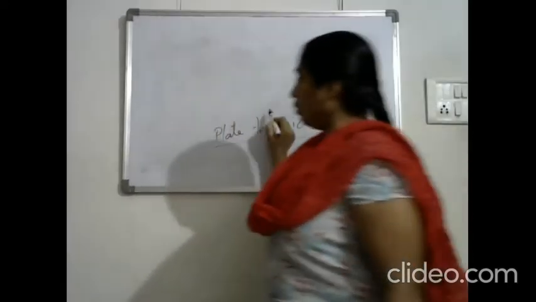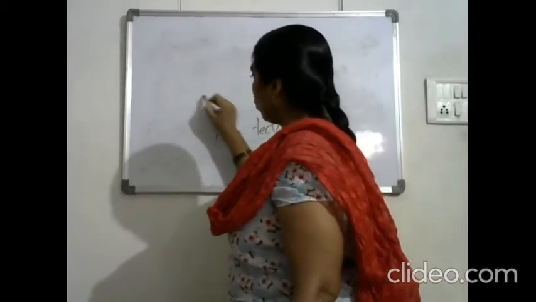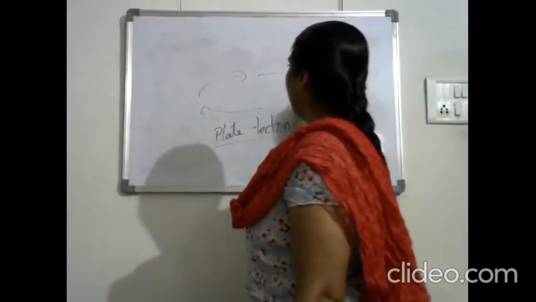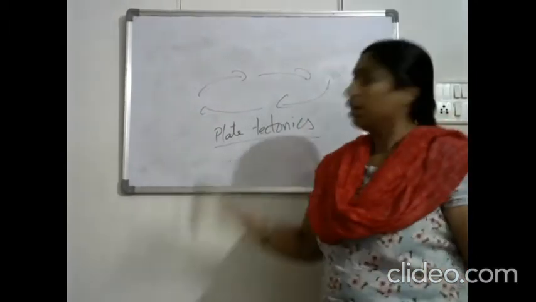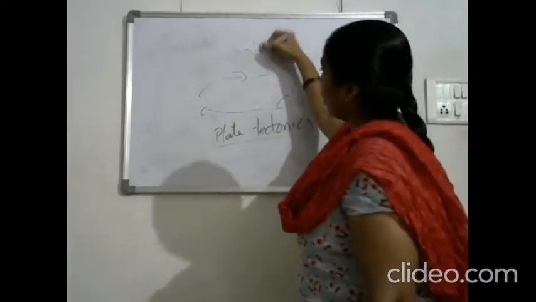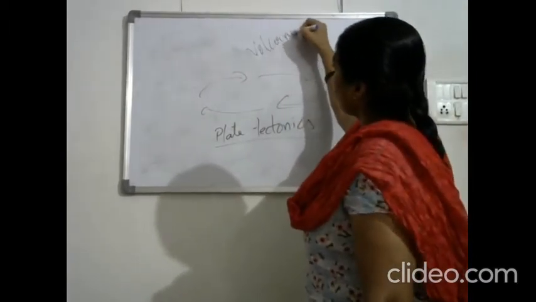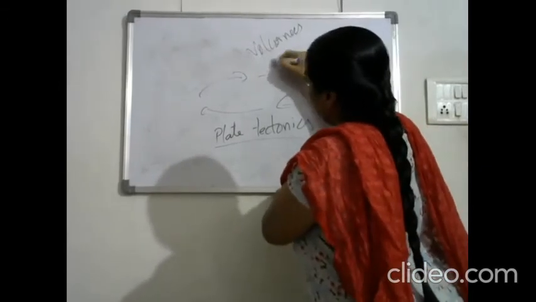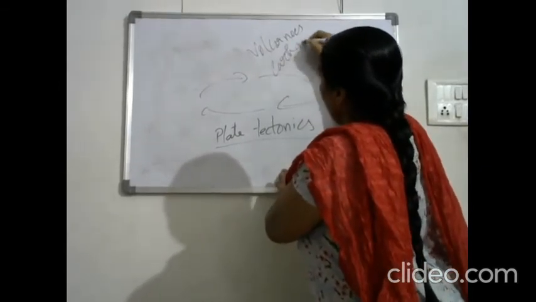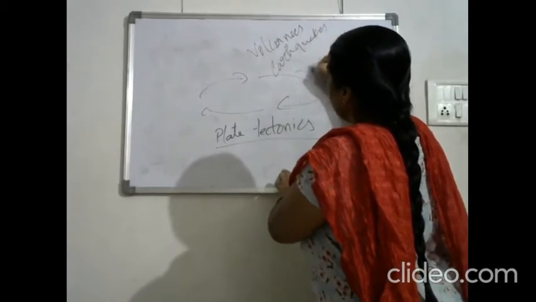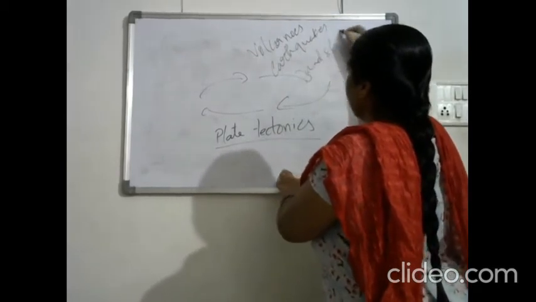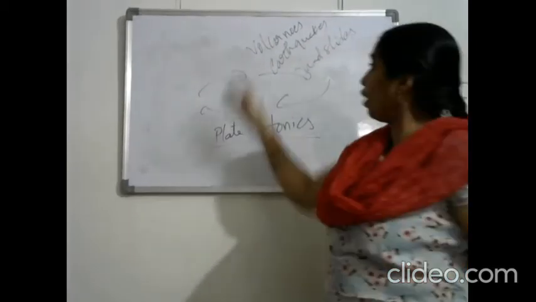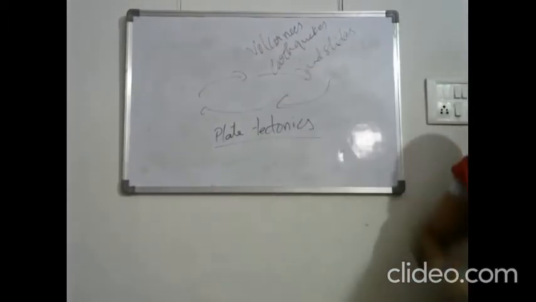So when the movement of the plate tectonics is very severe, what will happen? Natural calamities like volcanoes, earthquakes, and landslides occur. Now, what is a landslide? We know about volcanoes. We know about earthquakes.